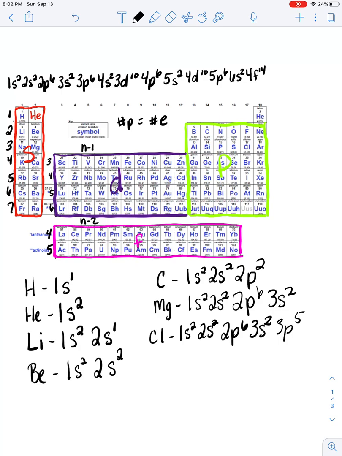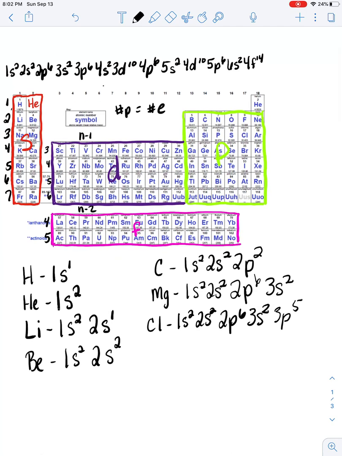Now, the D block gets a little bit more complicated. If you look up here, notice that after 4s, you go to 3d instead of 4d. So 3d is actually in the third energy level, but it comes after 4s. And I know that is confusing, but if you just follow the rules that I gave you, and you will have this to look at.